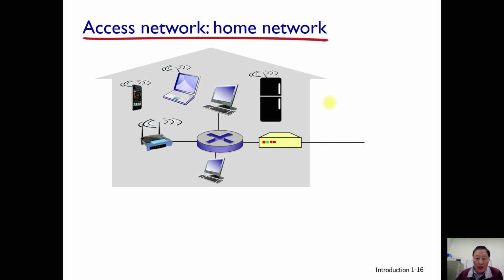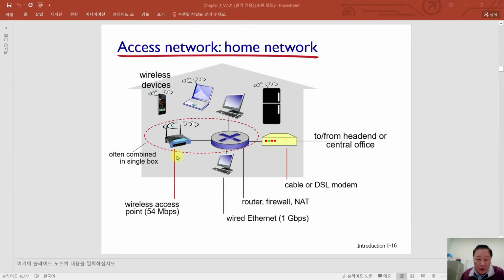Let's look a little more in detail about this home network. This is a kind of access network. Still we are learning that. Okay, these are wireless devices. Think about your smartphone, iPad or notebook, and this one is the access point.